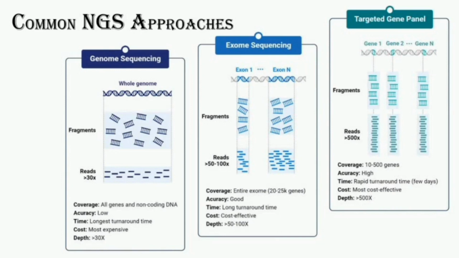So in that case, we make a targeted gene panel, and then we filter out specific genes in which we are interested. For that gene only we do the sequencing, because in that case we will know on which chromosome that gene exists. So for that we will do specific gene sequencing.